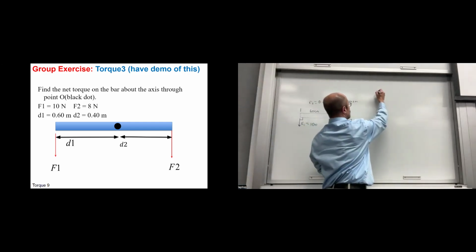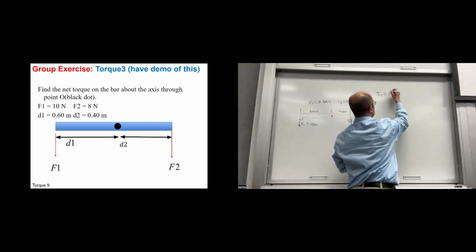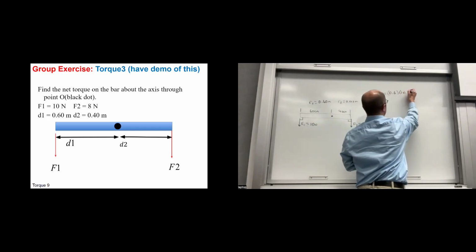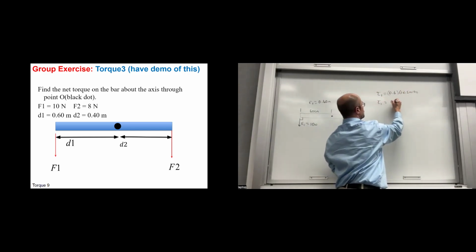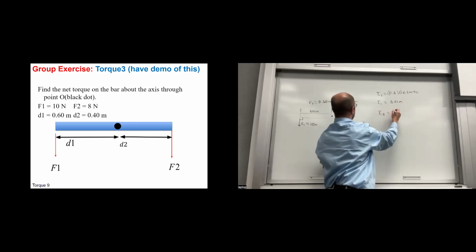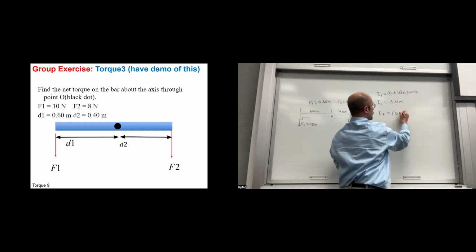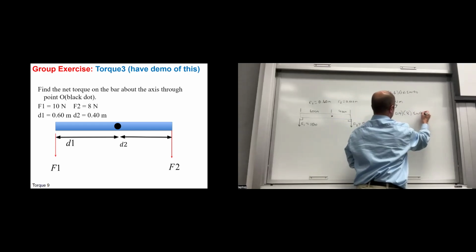So when we go to get torque 1, it is 0.6 times 10 sine of 90. And torque 1 is 6 Newton meters. Now torque 2 is going to be our 0.4 times 8 sine of 90.